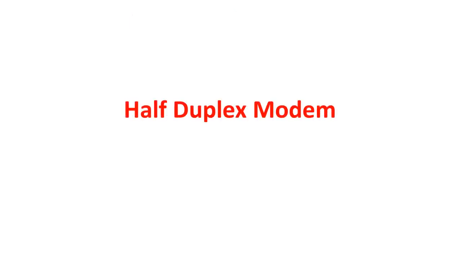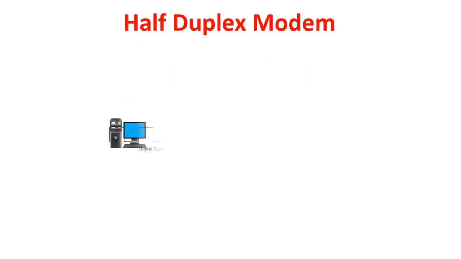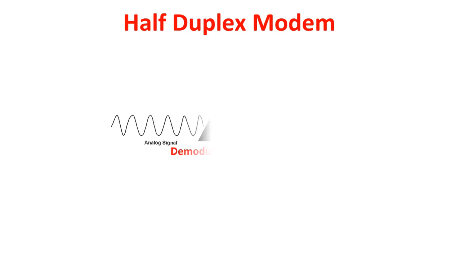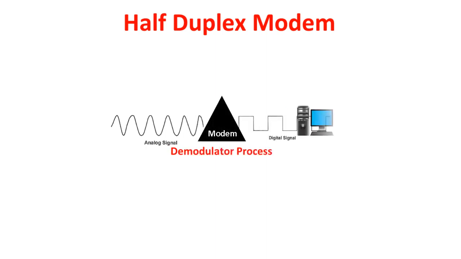Half duplex modem. The half duplex modem can transfer data in both directions from digital device to network setup using the modulator process, that is digital data into analog signal, and from the network setup to the digital device using the demodulator mechanism, that is analog signal to digital data.